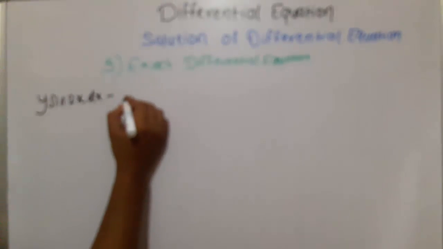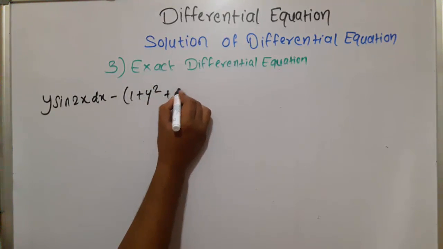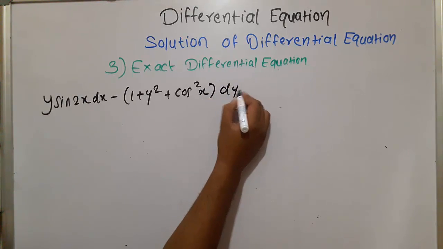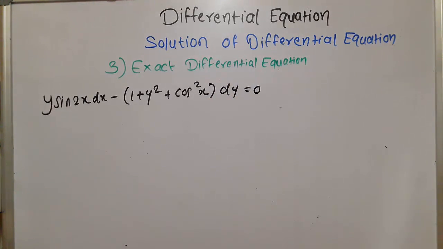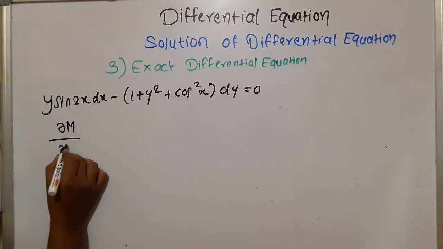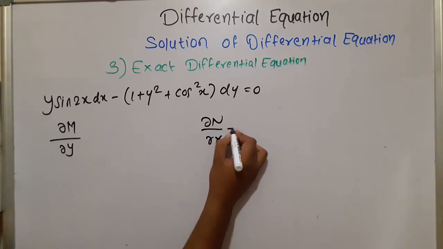We have the equation y sin 2x dx minus (1 plus y square plus cos square x) dy equal to 0. Our first aim is to find whether this equation is exact or not. To find that, we find del M by del y and del N by del x.